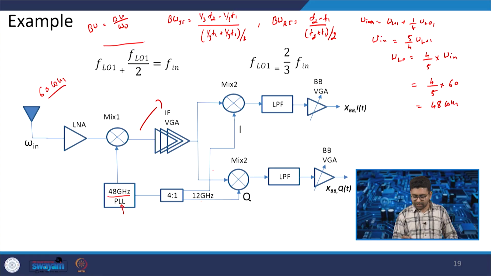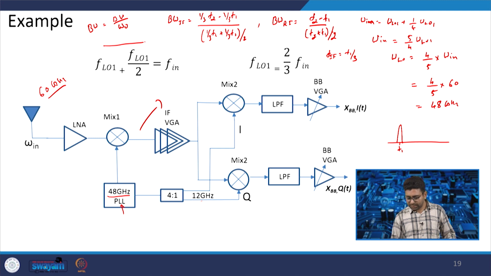So, here in this example your FIF is equal to F1 by 3. Let us say you have multiple frequencies with a certain bandwidth: this is F1, then there is F2.